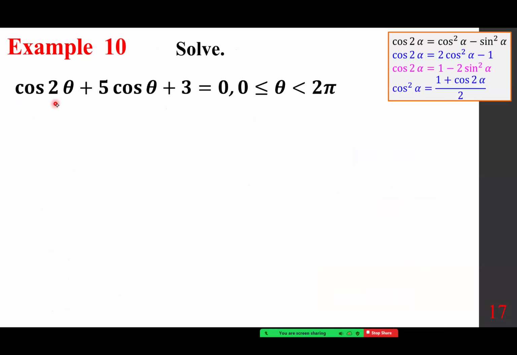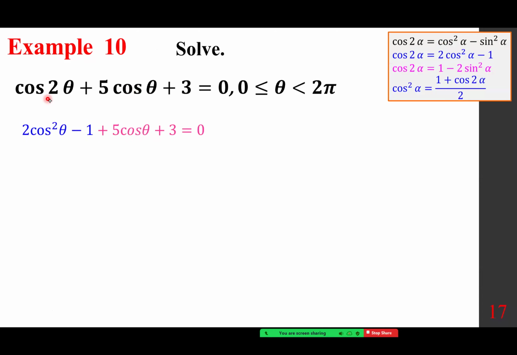We want to solve this equation, cosine 2 theta plus 5 cosine theta plus 3. Now, bear in mind, cosine 2 theta, there are 3 different ways of writing it. Since this involves cosine, you definitely don't want to go with cosine squared minus sine squared. You don't want to go with 1 minus 2 sine squared. You want to go with 2 cosine squared minus 1 because you want to make it a function of cosine and of quadratic form.